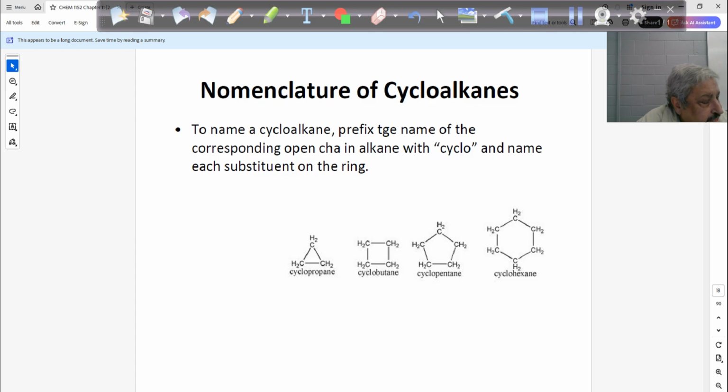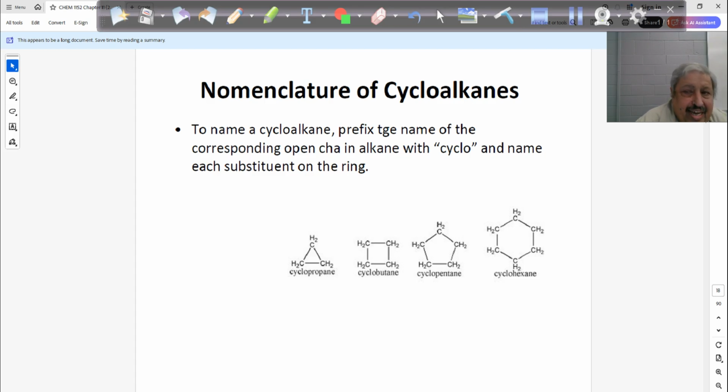This ring can have no double bond, all single bonds, or it can have one double bond or two double bonds. But cyclic hydrocarbons cannot have three double bonds. That will be aromatic, the compounds we call aromatic. The basic structure of it is benzene, correct?